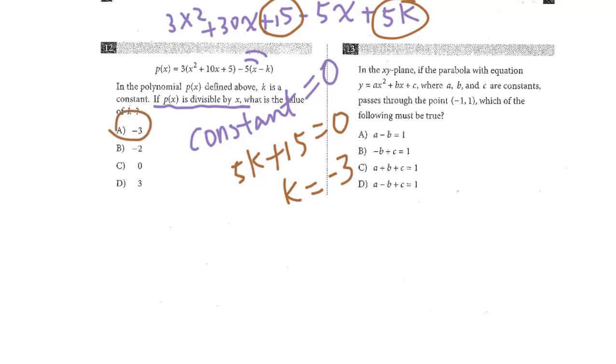That's the answer. For number 13, since this parabola passes through the points -1 and 1, we need to plug in x equals -1 and y equals 1 into that equation.